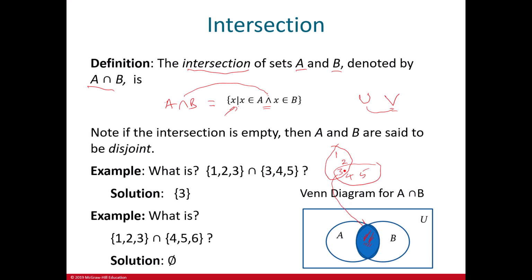In this case, 3 is common to both. If we take the intersection of the set 1, 2, 3 and the set 4, 5, 6, you can see there is nothing in common. So it is really empty, and this is indicated by the empty set.